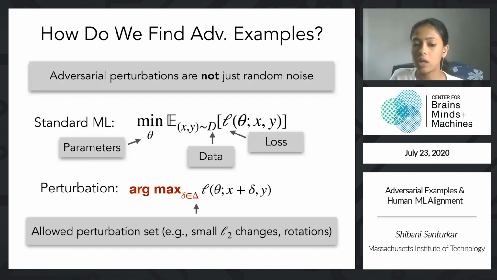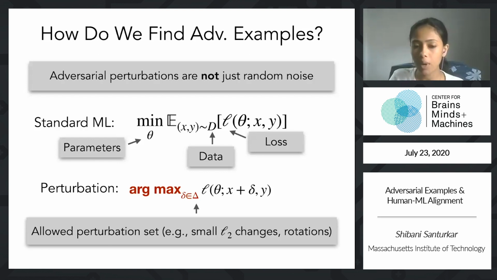Here delta captures the allowed perturbation set. After all, we don't want to allow the added perturbation to be arbitrary, but we might want to restrict it to a small set. For example, we might say we're only allowing rotations, or we're only allowing small Lp changes. So the goal is to find the perturbation that maximizes the loss within this perturbation set.